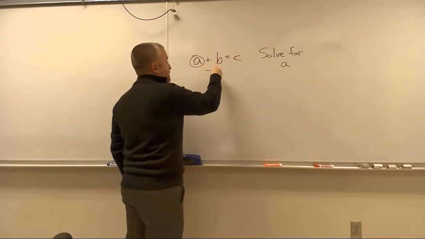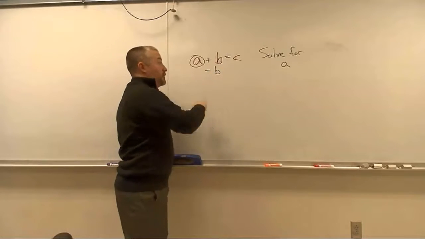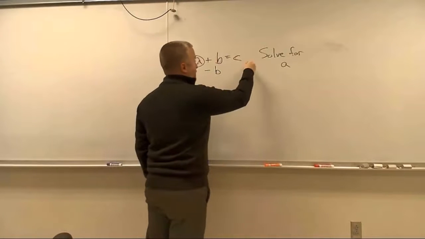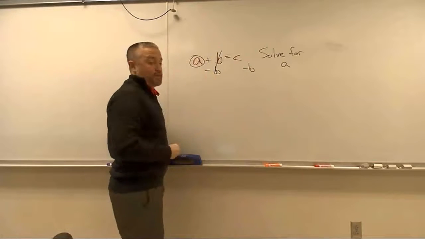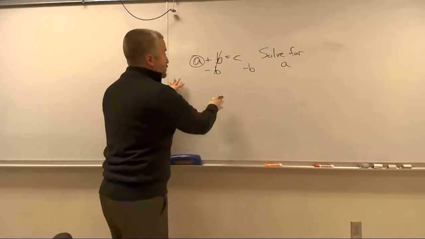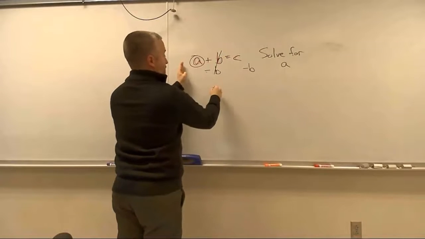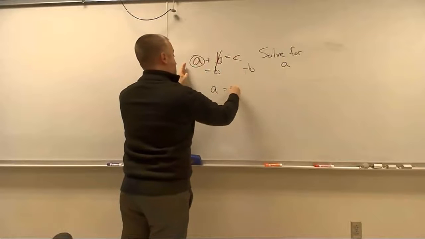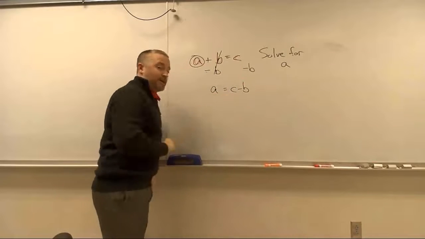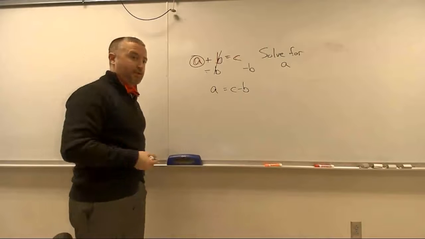I'm going to subtract B. But I can't subtract B on one side and not on the other. So I have to do that on both sides. The plus B minus B will cancel. Then I just rewrite what this says. If I look at the left side, I don't have this anymore. I just have A equals C minus B. Now that A is by itself, I'm done.